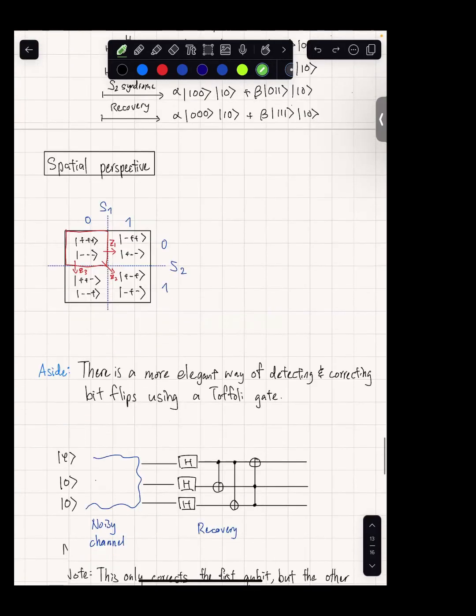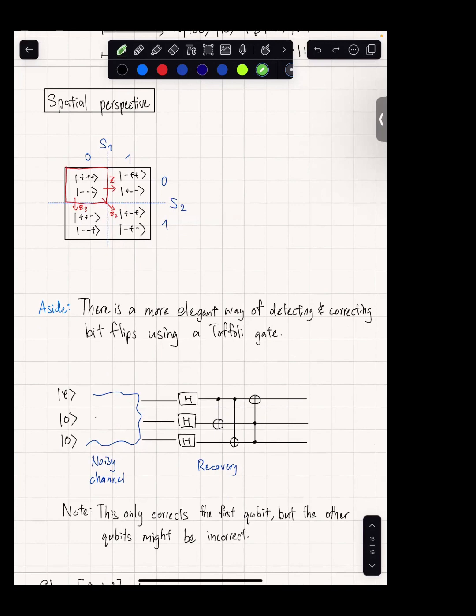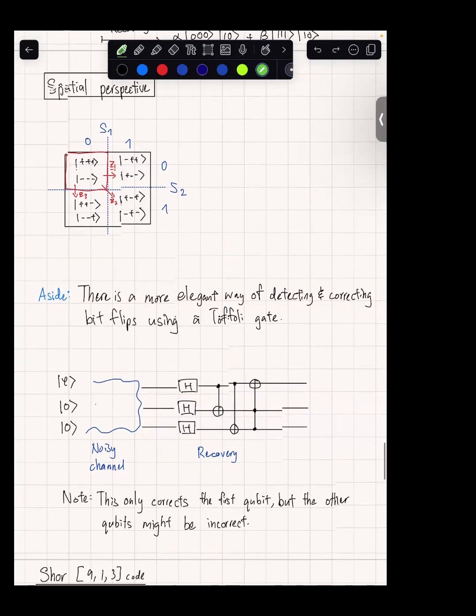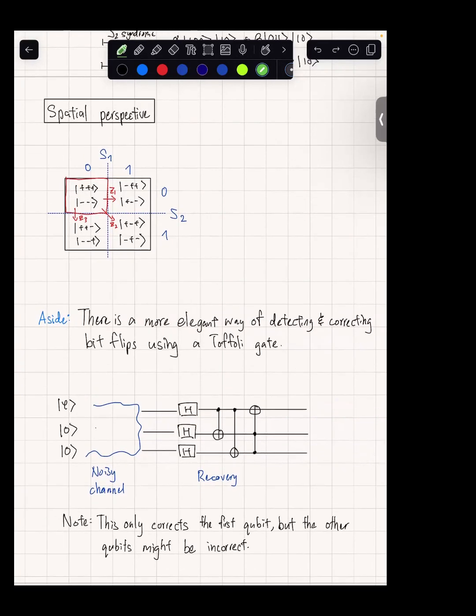But we can actually compress this down to just these set of gates. Note that this only corrects the first qubit, but the other qubits might be incorrect. But this is fine because we only require the first qubit to be correct anyway. So with that said, let's move on to a more complex example called the Shor code.